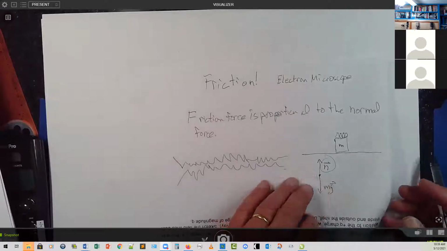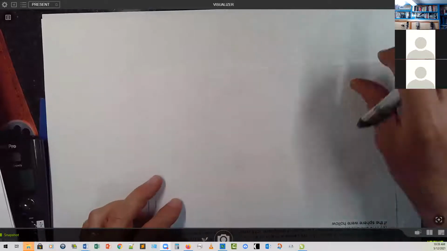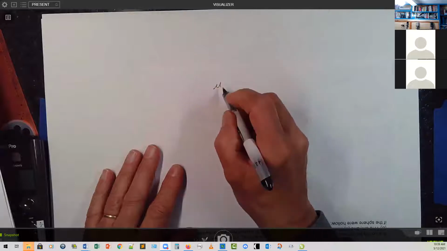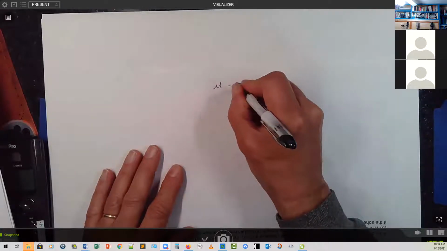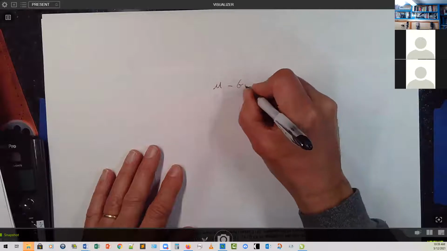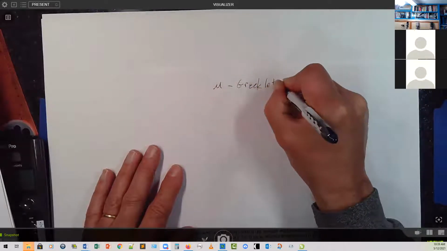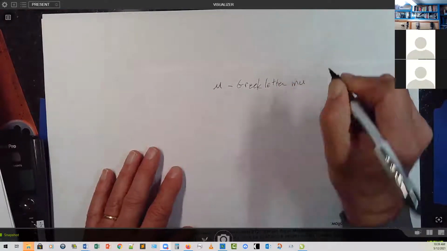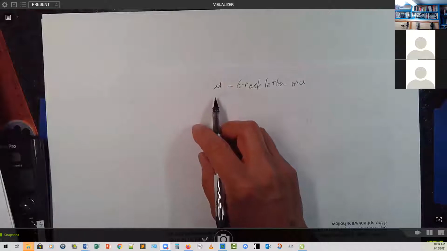Now, the proportionality constant that we use for friction is an odd one. We use a Greek letter. It looks like a U that's got a tail on each side, and this is the Greek letter mu. It's spelled MU, if I remember right. It's also the metric prefix for micro.